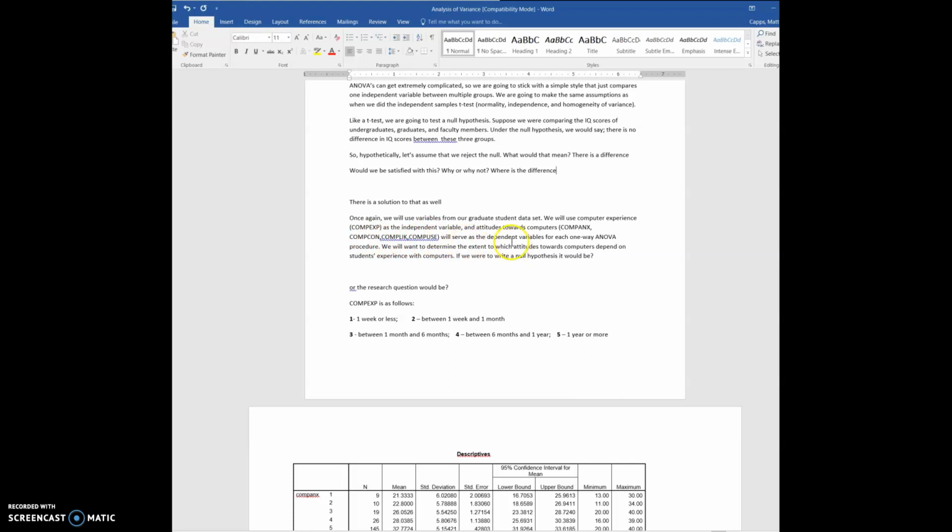We wanted to determine the extent to which the independent variable creates differences in these variables. So our research question is: what difference is there in computer anxiety, confidence, likability, and usefulness in regard to the amount of time that a student spends on a computer?